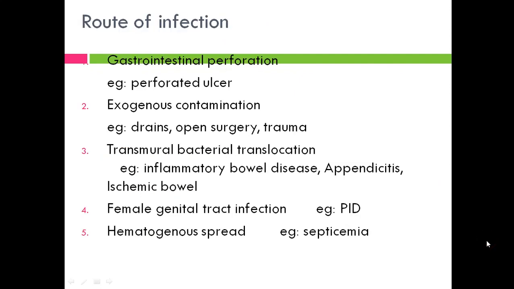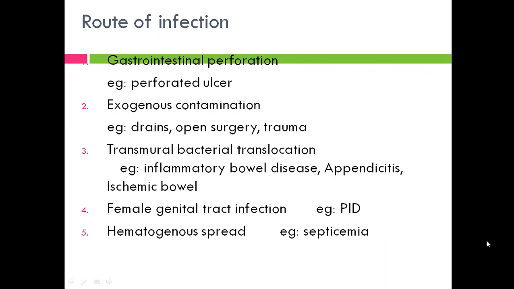Coming to the route of infection, it could be a gastrointestinal perforation like a perforated peptic ulcer, or an exogenous contamination via drains, open surgery, or trauma. Or it could be by transmural bacterial translocation, which can happen in intestinal obstruction, ischemic bowel disease, appendicitis, or inflammatory bowel disease.